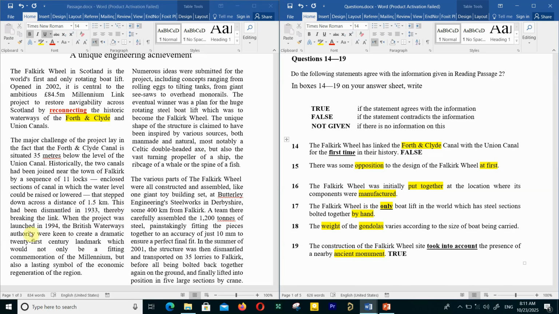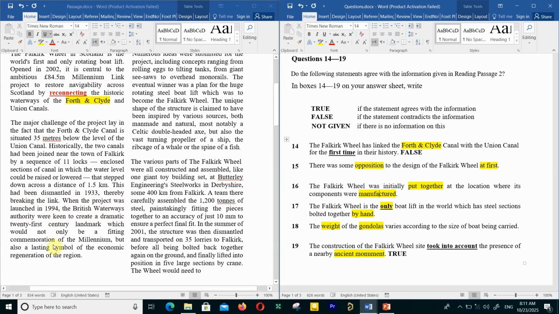When the project was launched in 1994, the British Waterways Authority were keen to create a dramatic 21st century landmark which would not only be a fitting commemoration of the millennium but also a lasting symbol of the economic regeneration of the region. There is nothing about opposition to the design, so this is going to be Not Given.